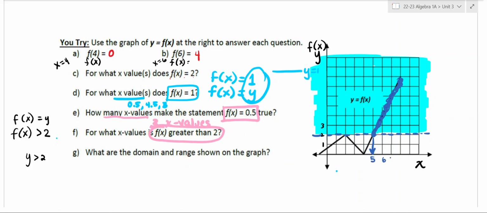And it goes on non-stop forever until, oh, my bad. I don't think that's true. Because, let me see, nope, there is no arrow. So can we assume that it goes on forever? No, we cannot. So that means we have to think of this as stopping right here. And what's the x value there? 8. So from 5 to 8, including those numbers.